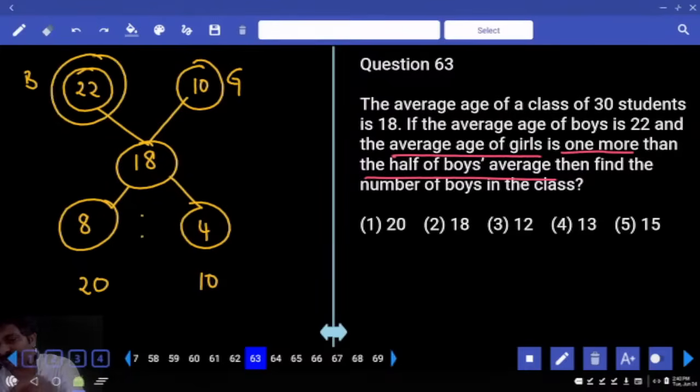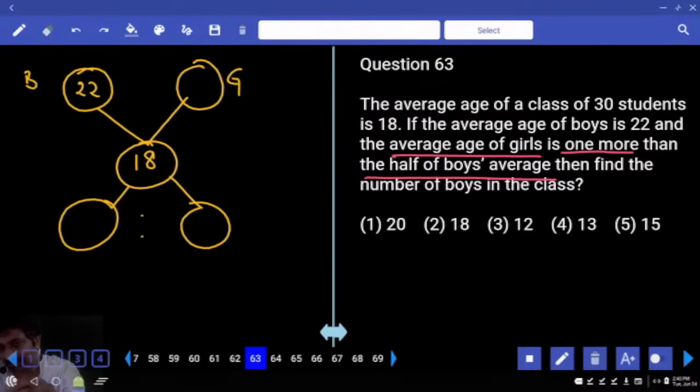What is boys average? Half is 11, plus 1. Is that equal to girls average? Can your answer be the first option? No, leave it. If they are 18, girls must be in ratio 3:2. Come on. 3 parts and then 2 parts.